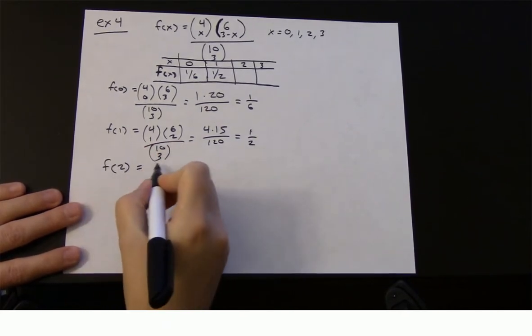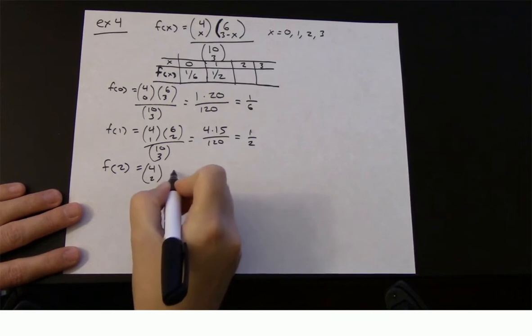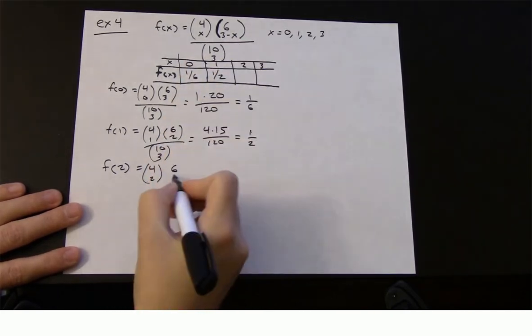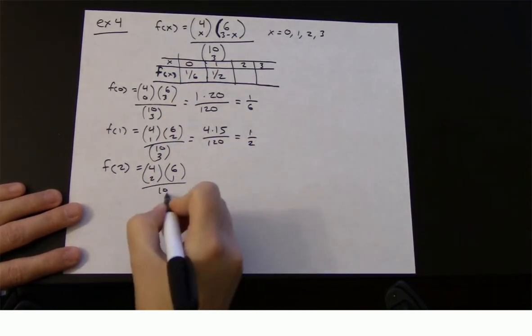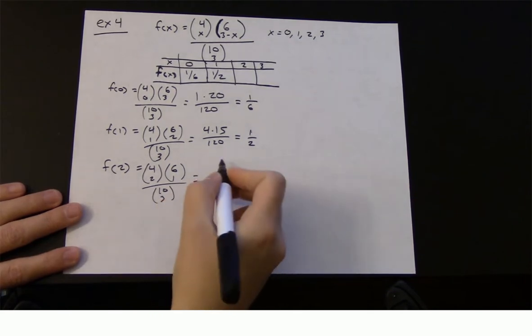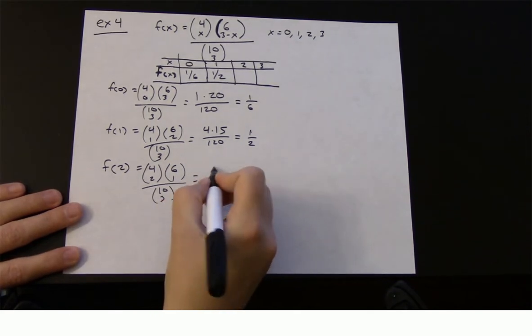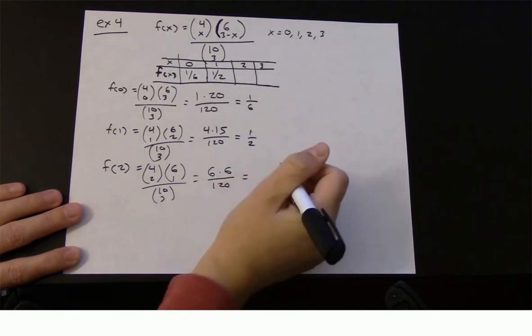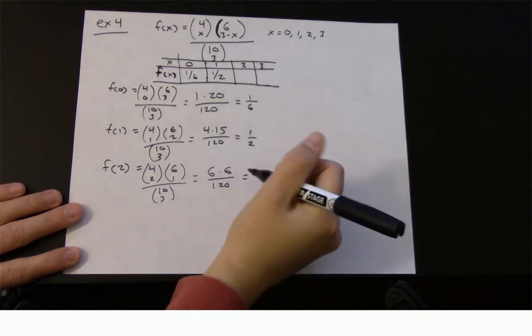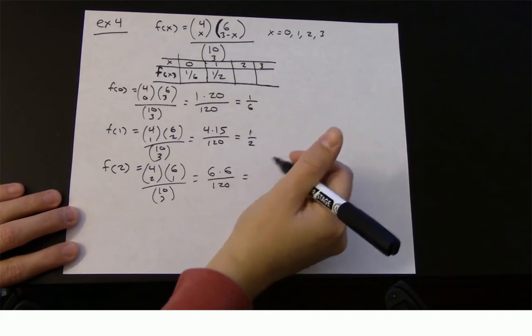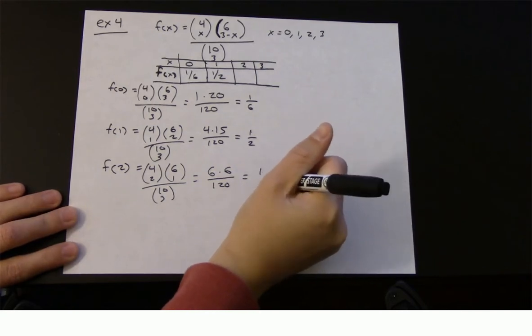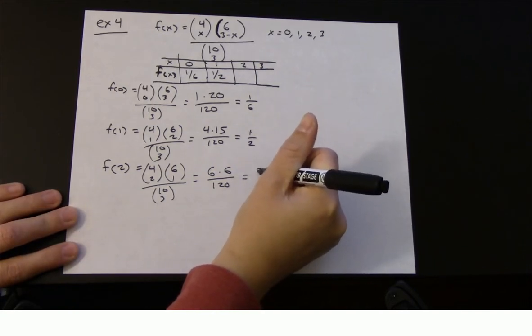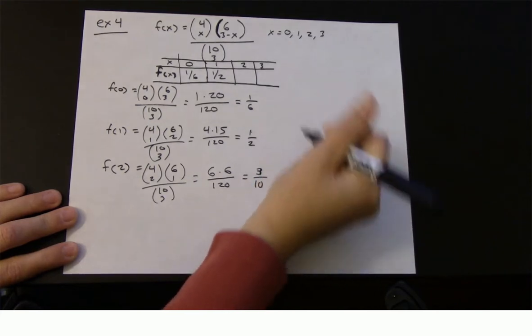For f of 2, same thing: 4 choose 2, 6 choose 1, over 10 choose 3. I get 6 times 6 over 120, which would be 36. That comes out to be 3/10.